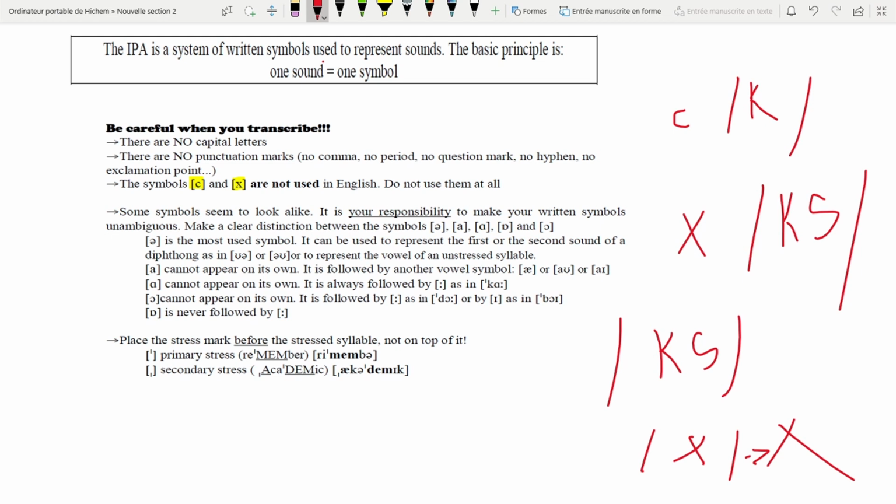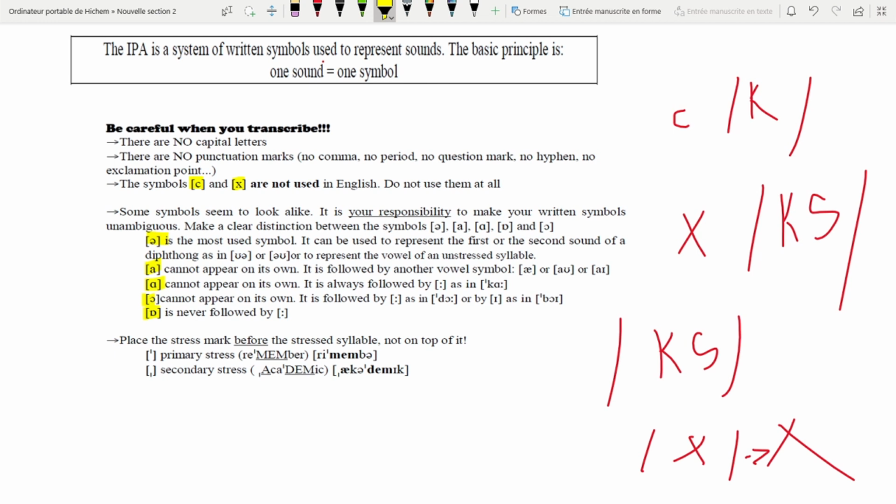Some symbols seem to look alike, okay? And it is your responsibility, but it's quite a big word to say your responsibility as a student. But yeah, you need to make your written symbols unambiguous, okay? Because you have some symbols, usually these ones, right? You have this one, and this one, this one, and this one. They might look alike.